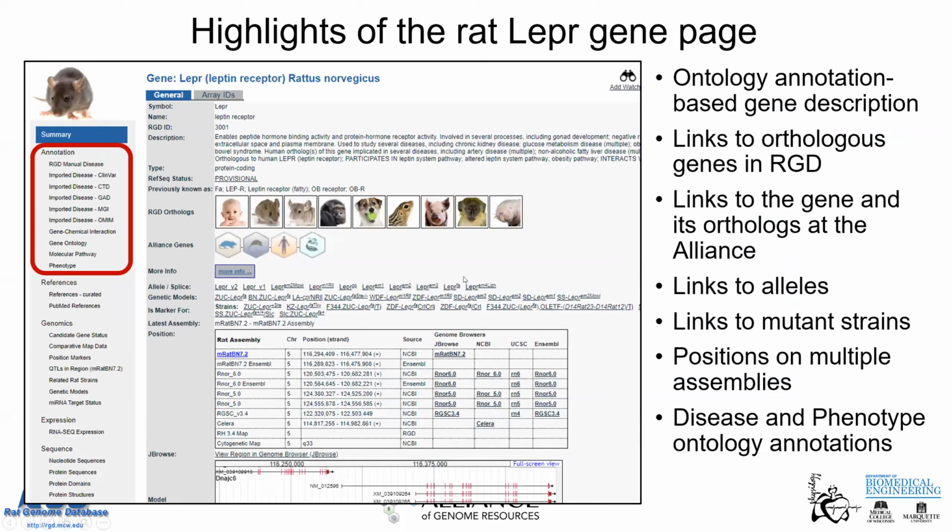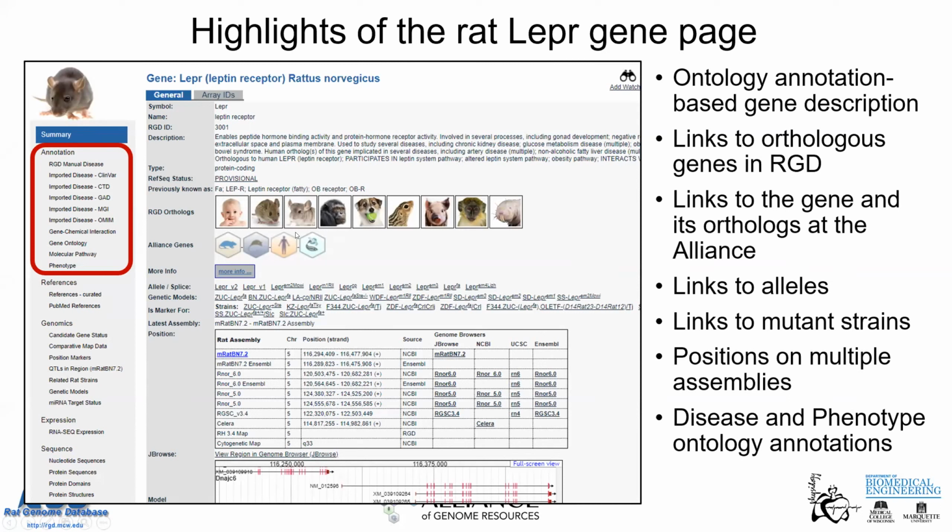There is a lot of information on this, and I'm not going to have time to go through all of it. But we have ontology annotations. So there's a whole list of ontology annotations, and the gene description is based on the ontology annotations.